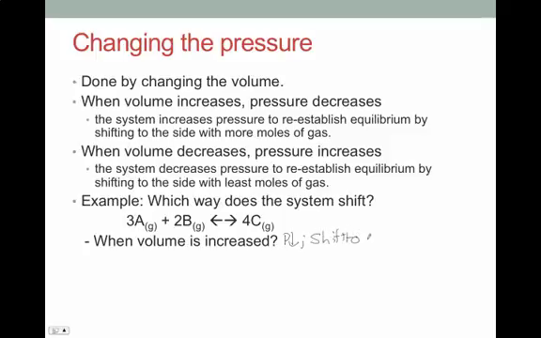More pressure equals more moles of gas, so we need more moles. Over here we have 5 moles of gas total. Over here we have 4, so it's going to shift to the side with more moles. The side with more moles is the left side, so it shifts left.